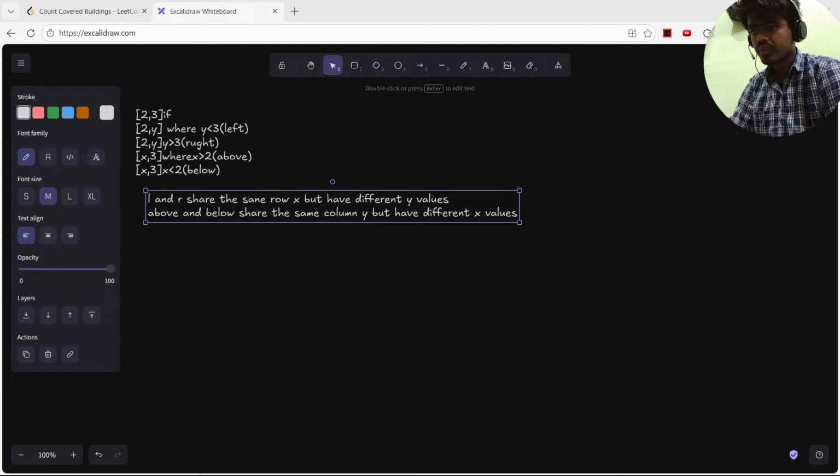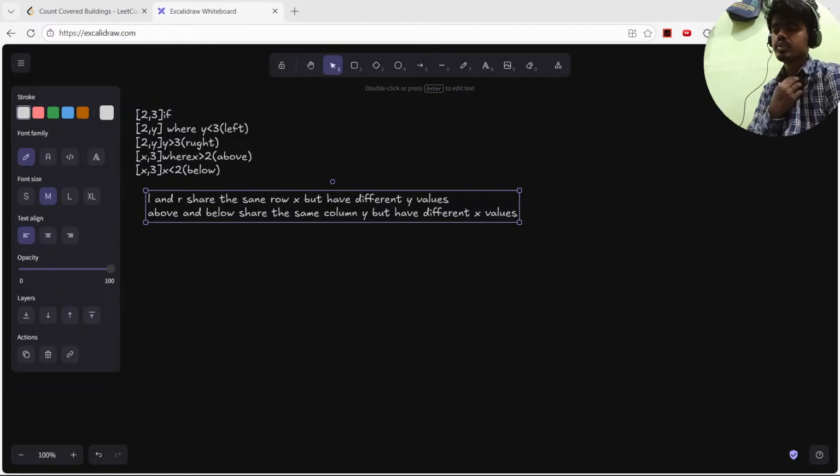Once we have these groupings, for a building x and y, all buildings in row x are stored in g1 of x as a list of y coordinates, and buildings in column y are stored in g2 of y. By sorting these lists, we can use a simple comparison. So what was the approach?